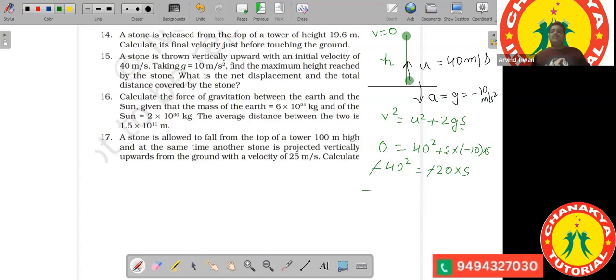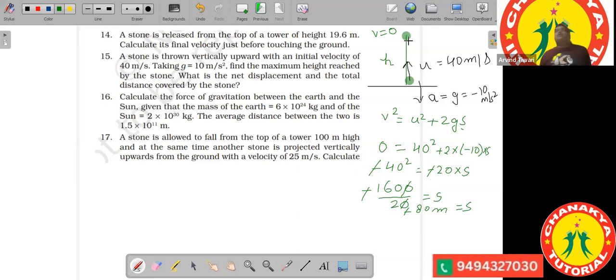You have 1600 divided by 20 equals s. Both minus and minus, there is only plus. So 80 meter is the displacement. That means the stone will reach a height of 80 meter before its velocity becomes 0.